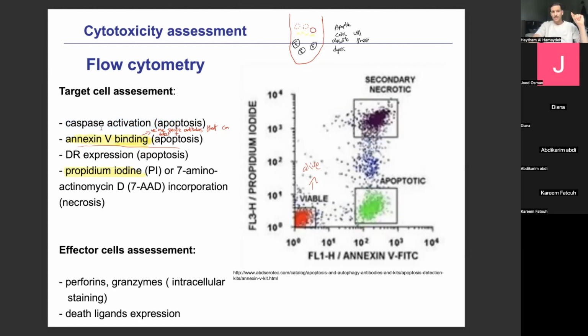I think what they do is label certain molecules or secondary molecules within those cascades inside the cell, and so they can detect whether the cell is going through apoptosis or necrosis.